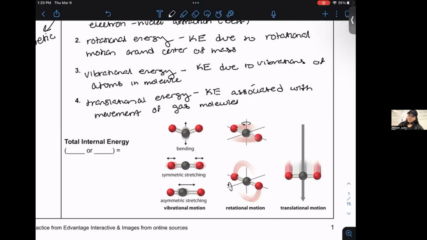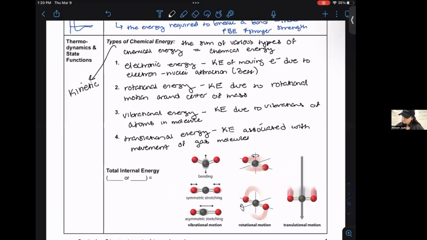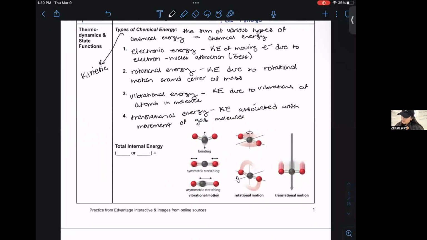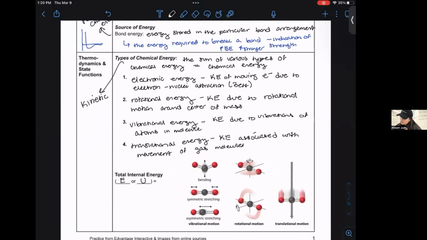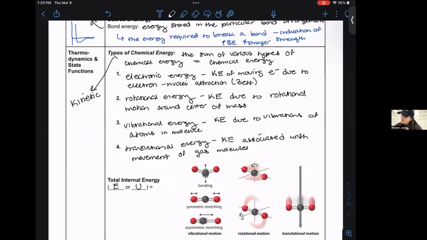So together, the sum of various types of chemical energy is also known as the total internal energy, represented by E, or in physics, I believe it's U. In physics, total energy, I think, is U. And you know what, guys?